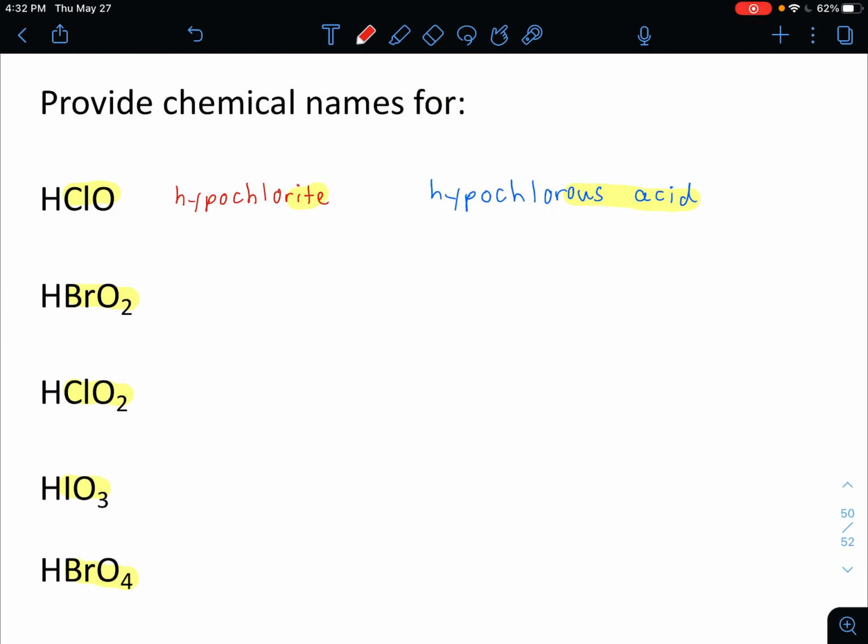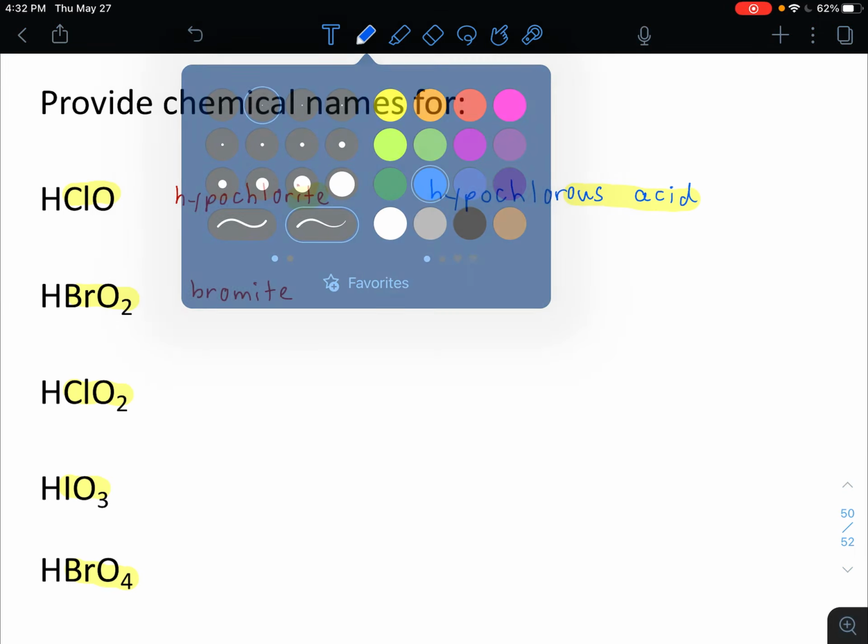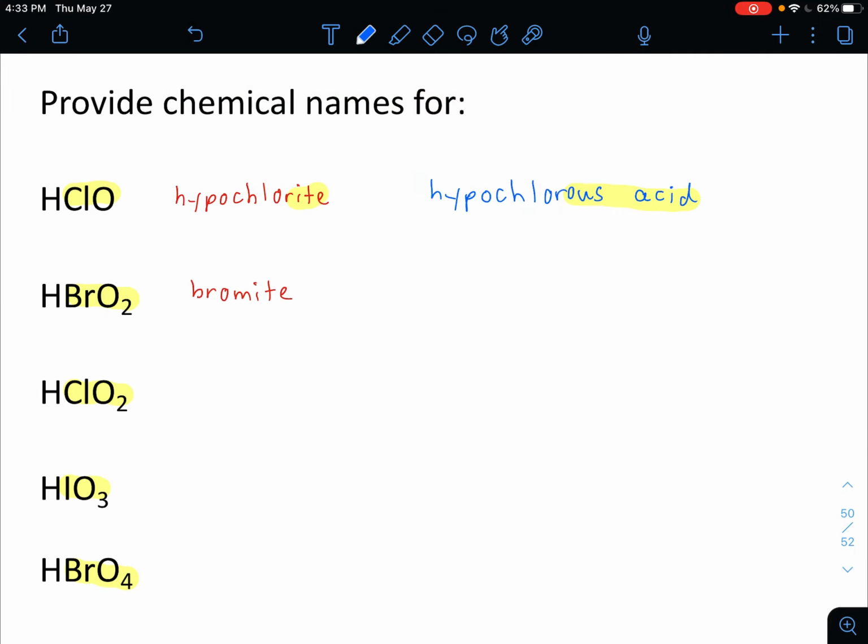The next one, BrO2, that's one down from the parent, so that's bromite. And ITE becomes OUS acid, so not hypo, just bromous acid.